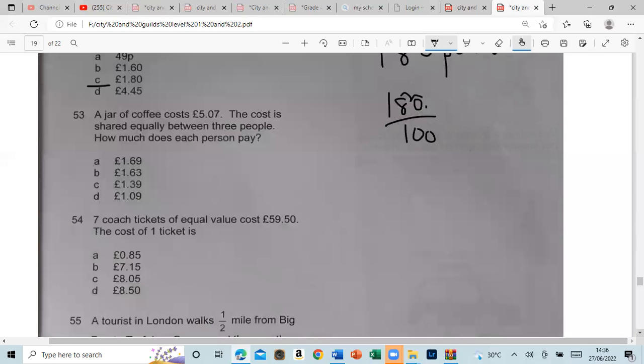53. A jar of coffee costs 5 pounds and 7 pence. The cost is shared equally between 3 people. How much does each person pay?